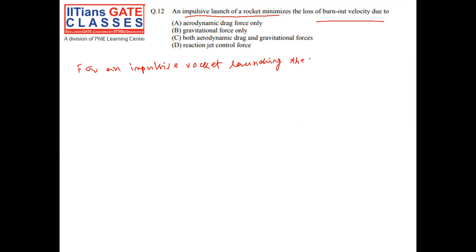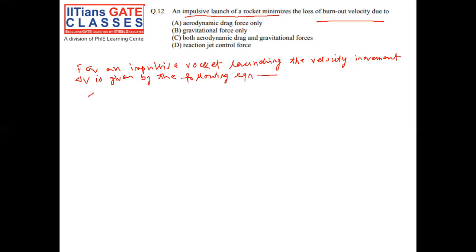the velocity increment, there is a formula for velocity increment, right? So that formula is as follows: velocity increment delta V is given by the following equation, right?